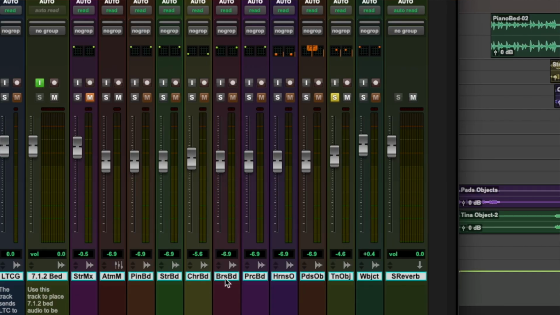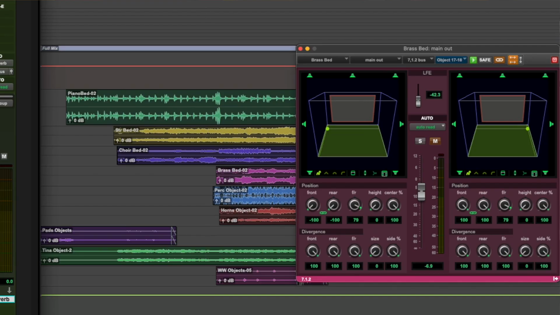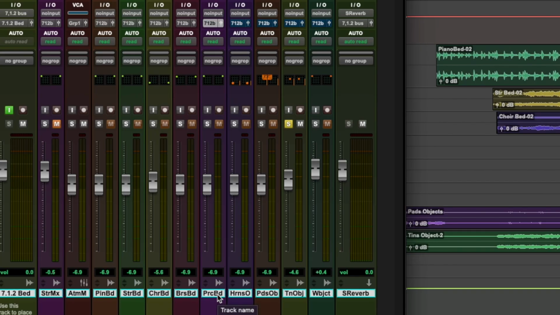I have the brass a little bit forward, which is pretty interesting. I have the percussion left and right. Horns are in object mode in the back, a little bit towards the middle, as you can see here. Pretty interesting choice, Anthony.